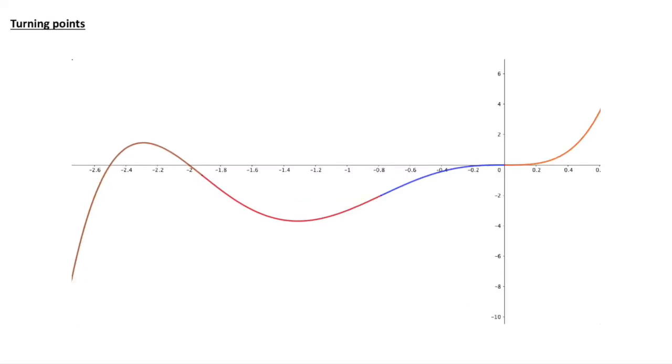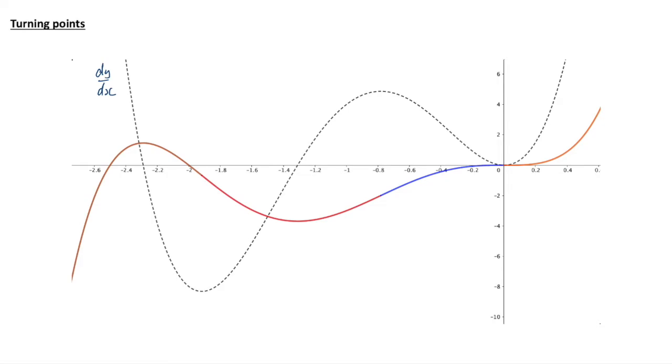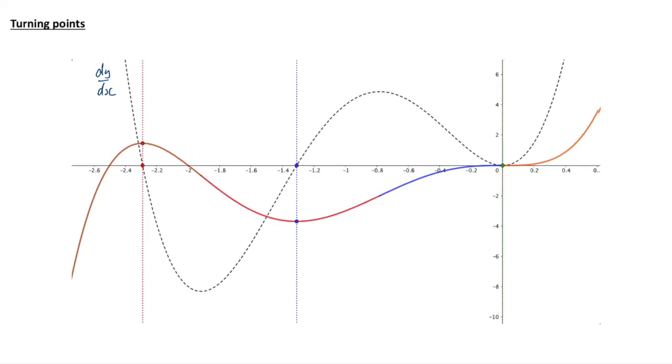If we look along that curve now in place on the axes, if we put dy by dx in, that allows us to think about turning points. We can see that when dy by dx is 0, we have a maximum at about minus 2.3, then a minimum at about just over minus 1.3, and then we have a stationary point of inflection at 0.